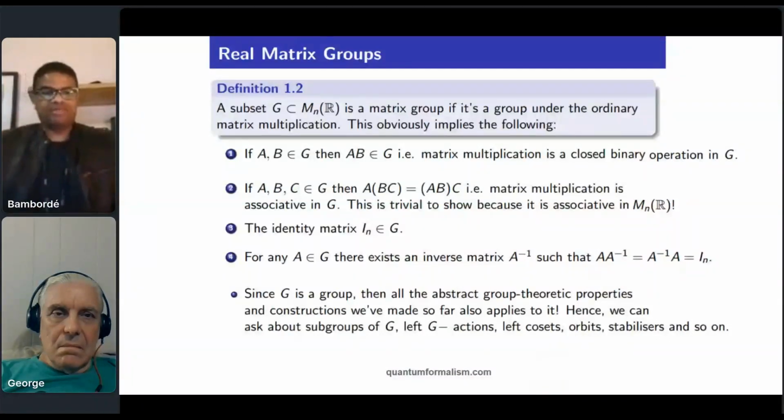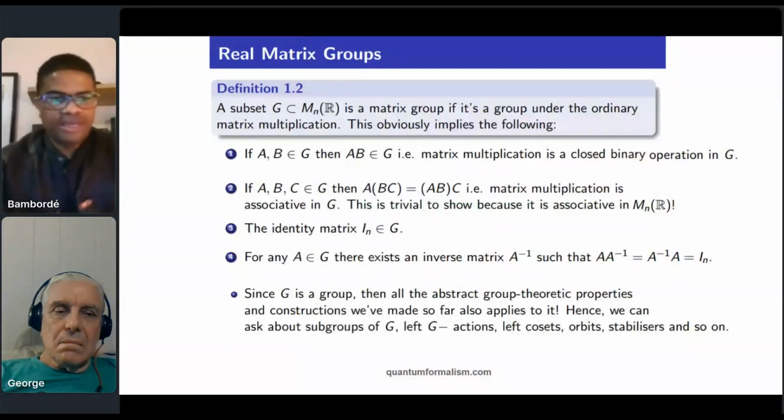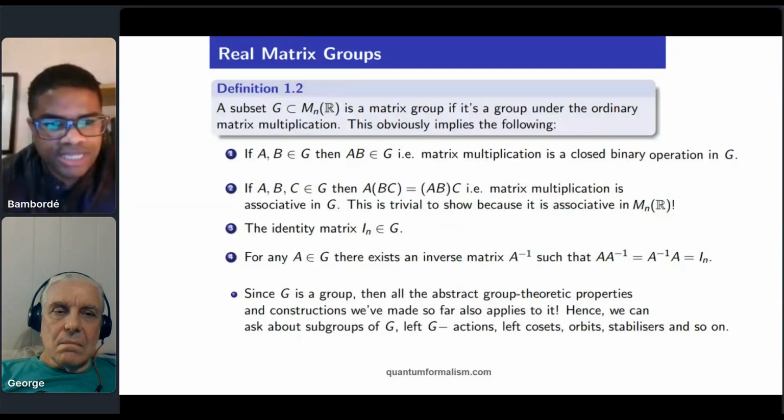So not addition. It might also be a group under addition, but we are not interested in addition. We are interested in multiplication. So we say it's a matrix group if it's a group under matrix multiplication.